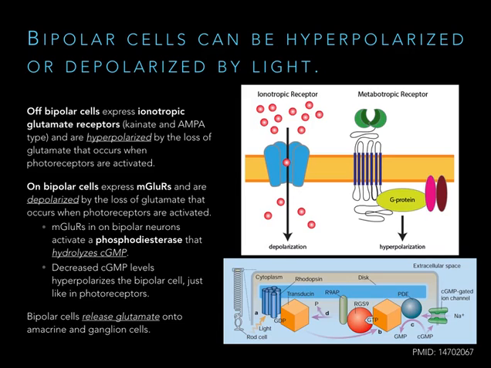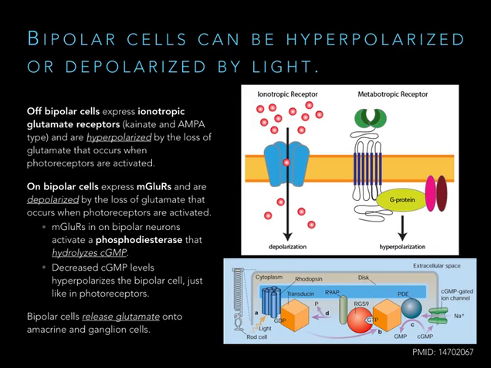The on bipolar cell expresses glutamate receptors but not ionotropic glutamate receptors, instead metabotropic glutamate receptors, or mGluRs. These metabotropic glutamate receptors are very similar to rhodopsin. The mGluRs on the on bipolar cells are also going to activate a phosphodiesterase, the exact same type of protein that we've already mentioned.